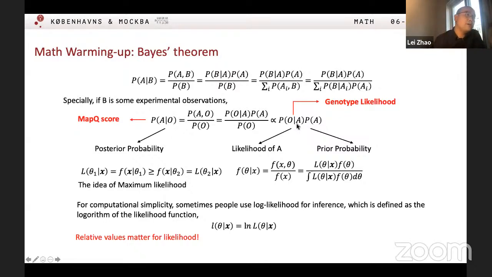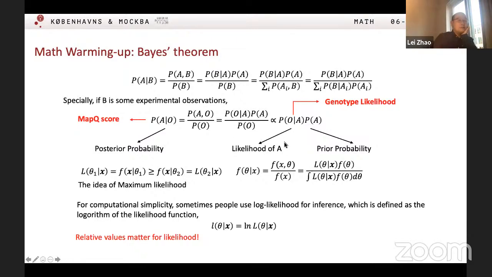And this value, the probability of O given A, is called the likelihood of A. For the posterior probability, we will mainly touch this concept in the MeteOR score. And for the likelihood of A, we will mainly touch this concept in the genotype likelihood section. And I will talk more about the likelihood concept here.